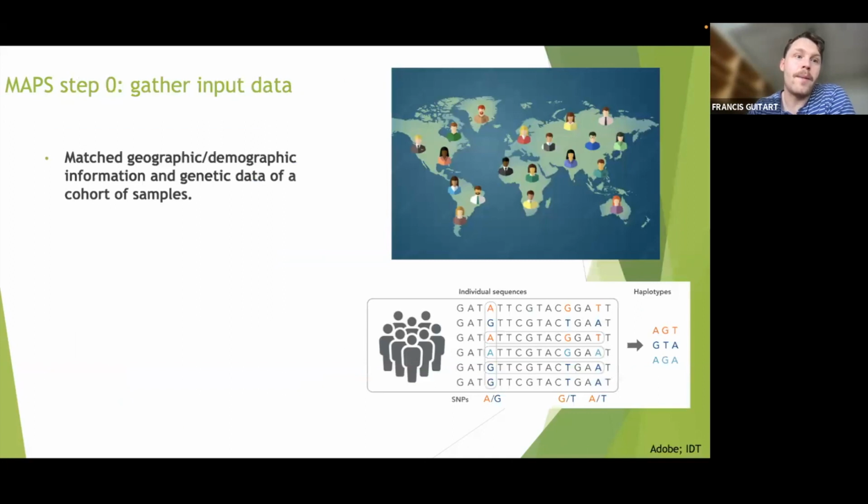So the first step of this tool is to gather input data. And what's needed is demographic information of samples, which can be thought of as the sample's sort of geographic origin and heritage, as well as matched genetic data, which can come in the form of either whole genome sequence or SNP microarrays.